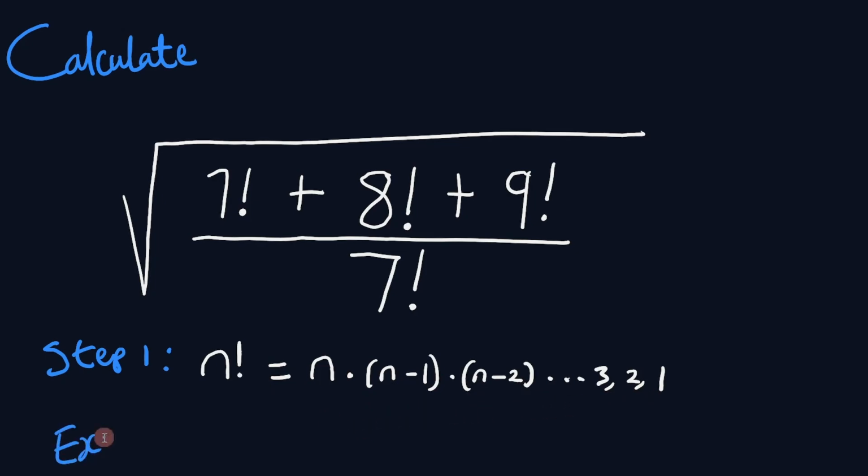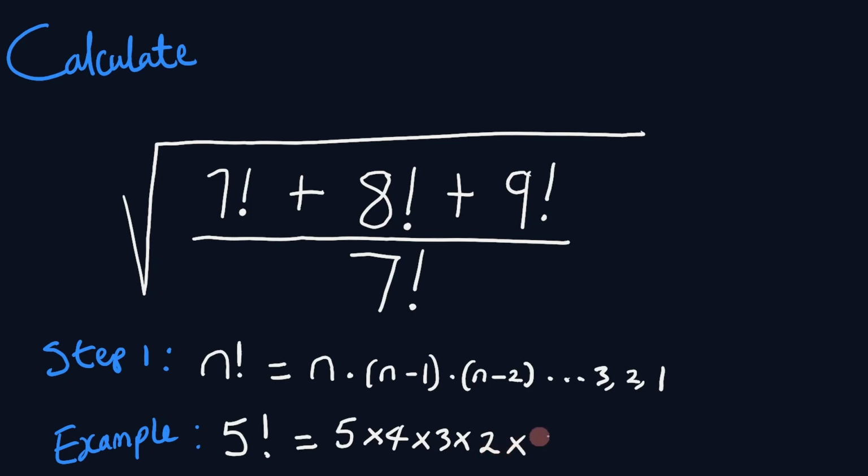For example, 5 factorial is 5 multiplied by the number 1 less than 5, and that is 4. And what is the number that is 1 less than 4? That is 3. Then 1 less than 3 is 2, and the last one, 1 less than 2, is 1. So we continue to multiply by a number 1 less than the previous number, starting from n, or 5 in this case, until we get to 1.